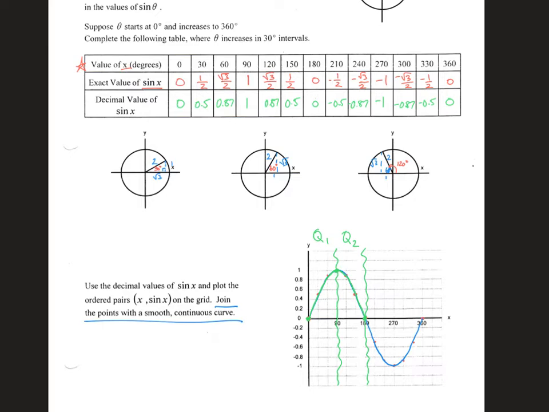Our graph then drops below the axis, so it becomes negative, and it stays negative and keeps falling all the way until we get to the end of quadrant 3. And now, once our terminal arm passes 270 degrees, our graph begins to rise again, and it will keep rising until we finish off that first rotation, the end of quadrant 4.